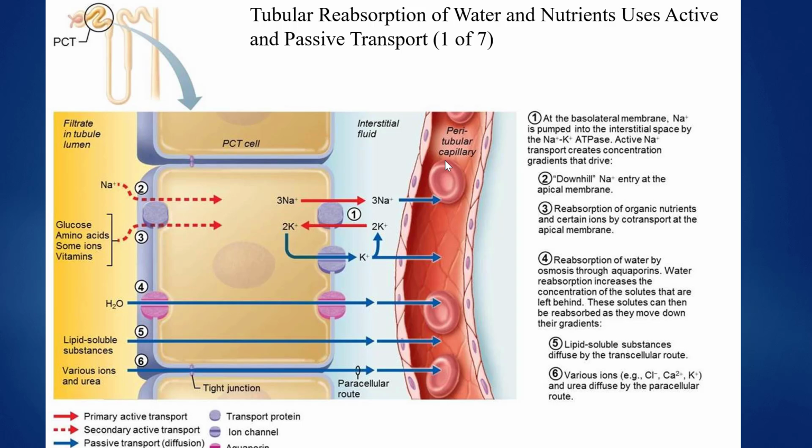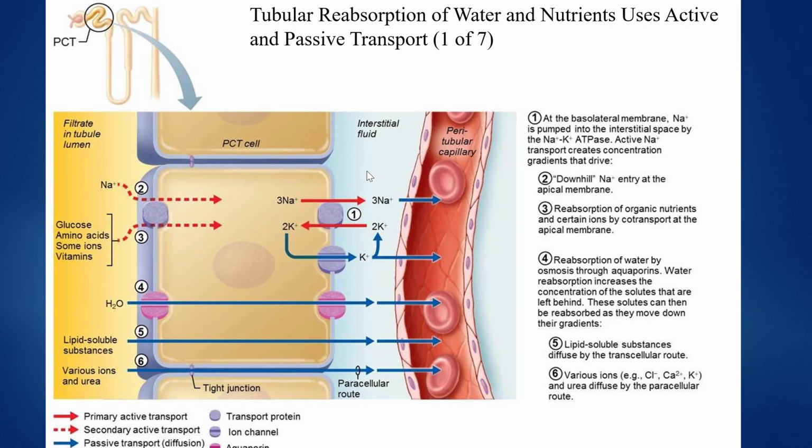So here is a bird's eye view of the tubular reabsorption of water and the nutrients. And in either way, they can use active transport or passive transport. Right here in the basolateral membrane, the sodium is pumped into the interstitial space right there. This is your interstitial space right here, by the sodium potassium ATPase.